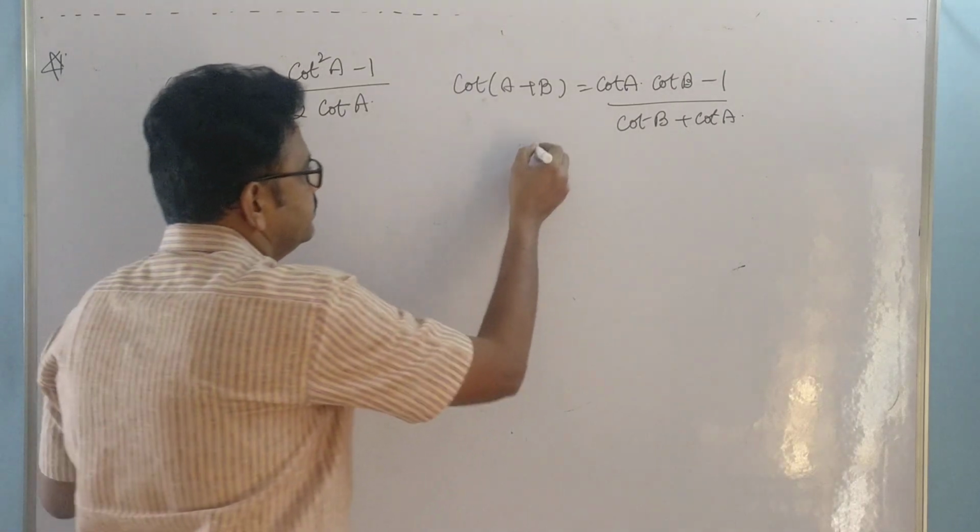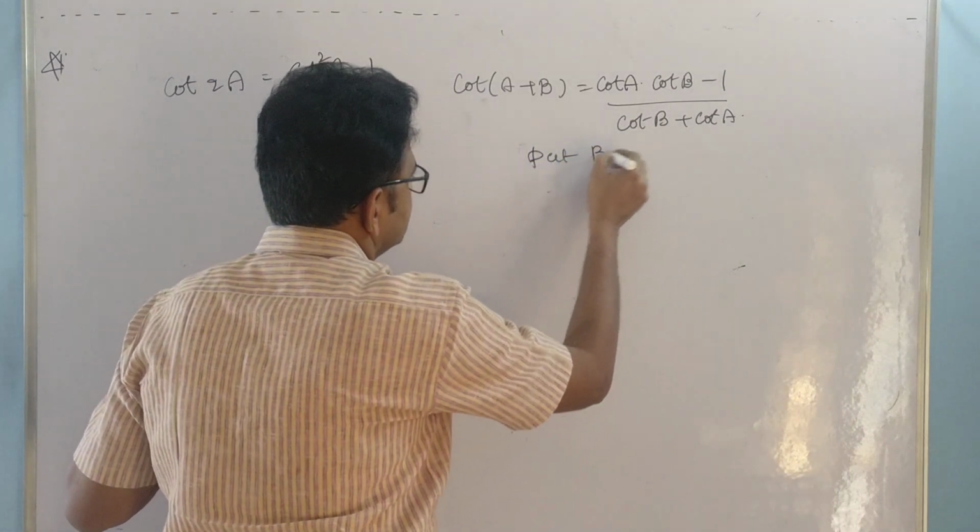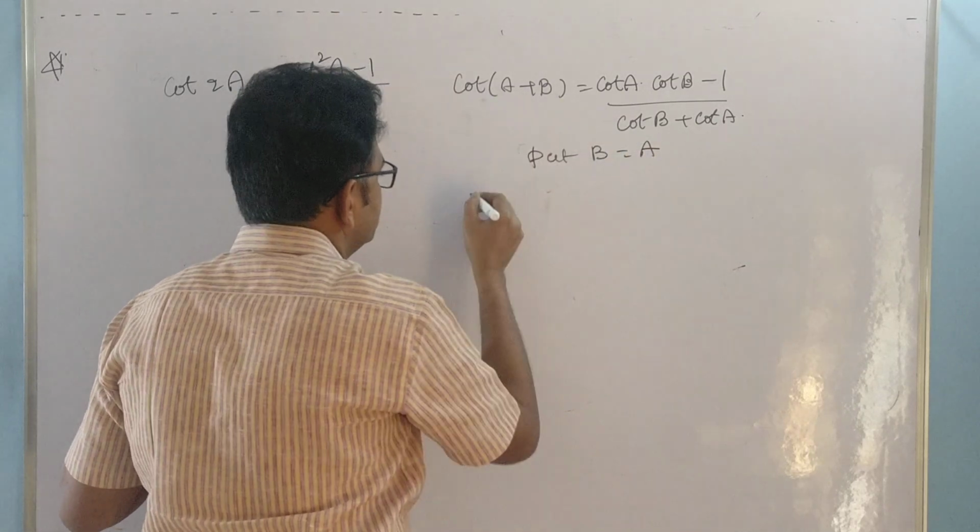Here also put B equal to A. So this is A plus A, 2A.